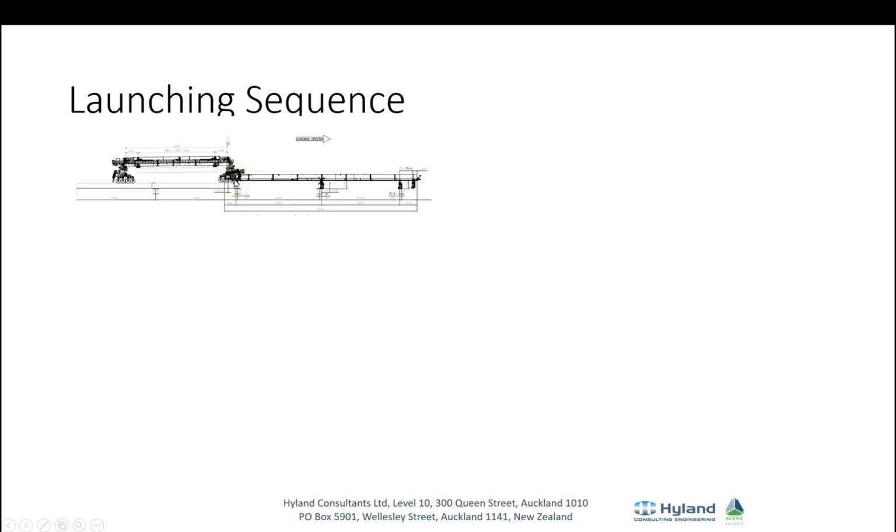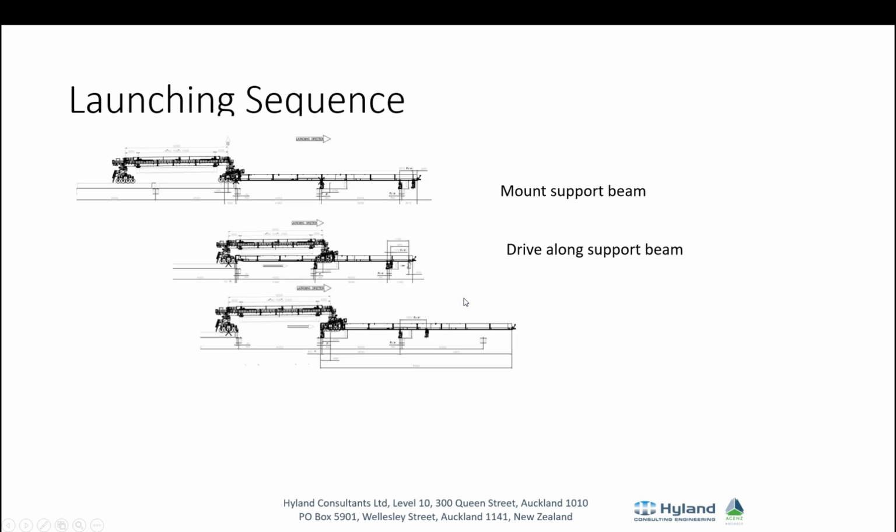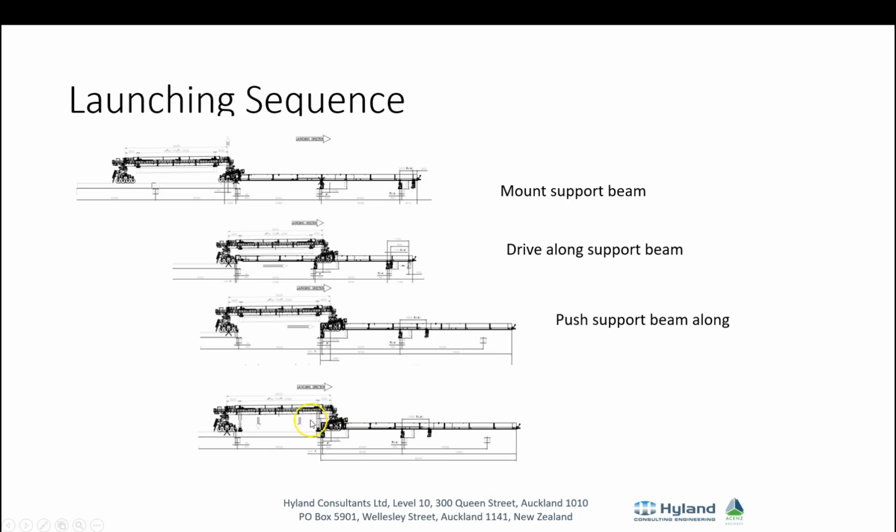The gantry then mounts the support beam and is then driven along the support beam until it gets past the next support, at which point it then basically drives the support beam out of the way, clears the way, and so there's a space there for it to lower the concrete girder into the space there.